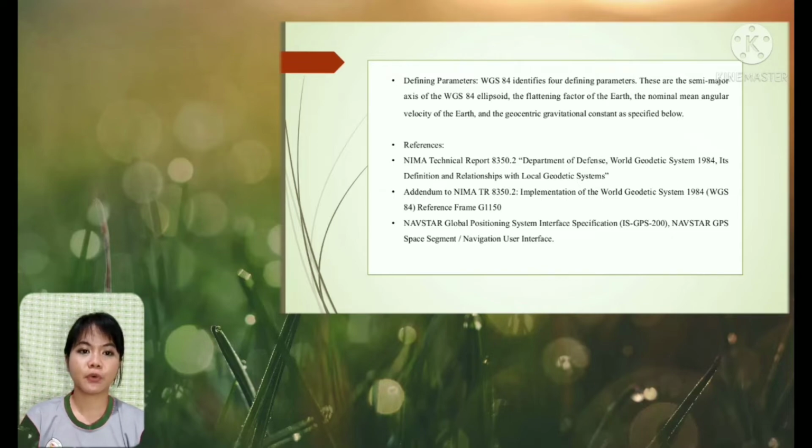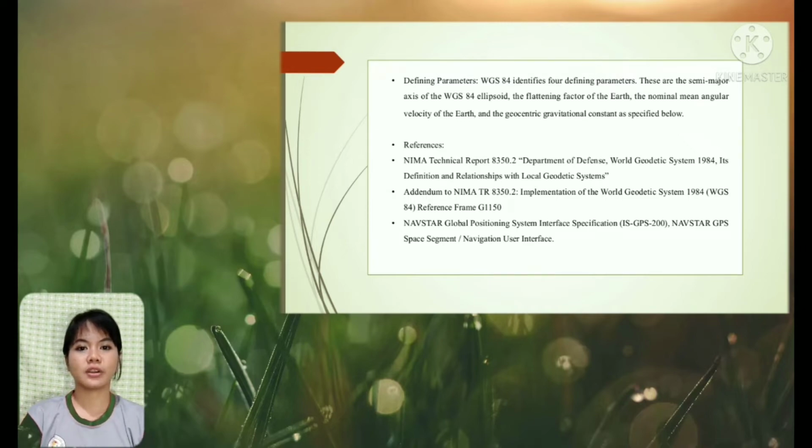There are 4 identified parameters of the WGS-84. These are the semi-major axis of the WGS-84 ellipsoid, the flattening factor of the Earth, the nominal mean angular velocity of the Earth, and the geocentric gravitational constant as specified below.